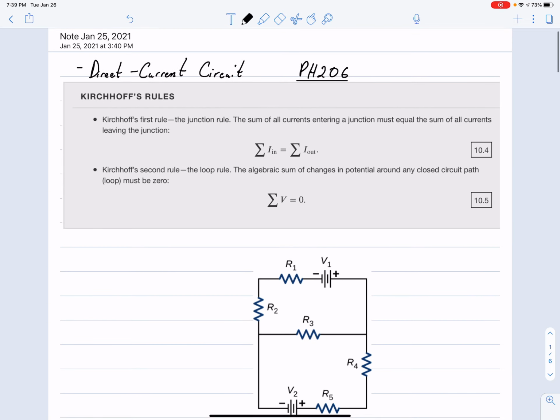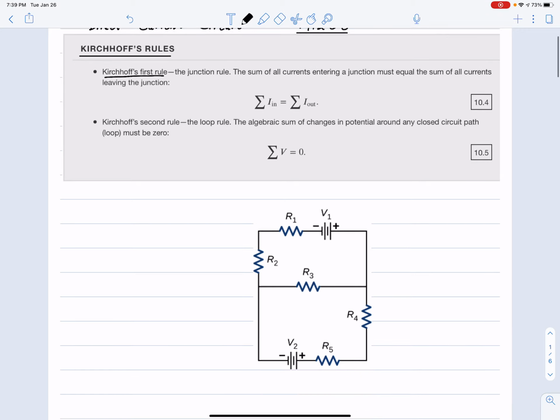So I have Kirchhoff's rules displayed here because they're extremely important in order to do our loops around the circuit. The first thing that we identify in Kirchhoff's first rule is that the sum of all currents entering a junction must equal the sum of all currents leaving that junction.